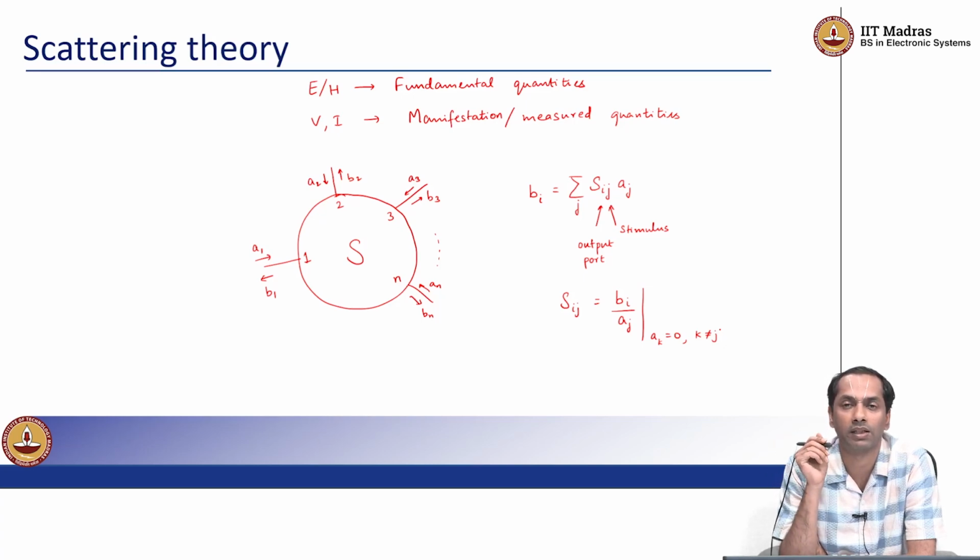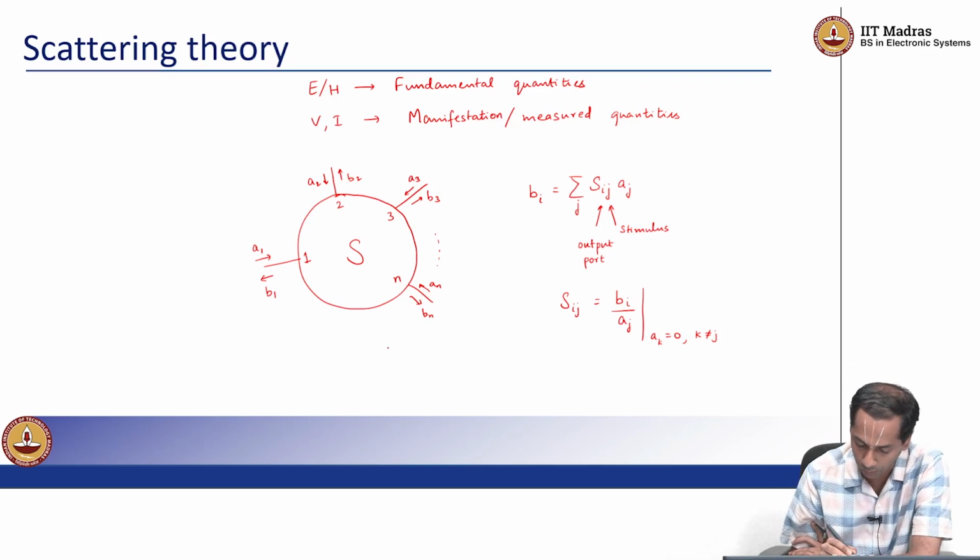But in general, the scattering matrix allows for energy from any port to be redistributed to all the ports. In fact, it can come back to the same port. So there is nothing wrong with setting j equals i. I injected a particular port and I ask how much is coming back or reflected back into the same port.